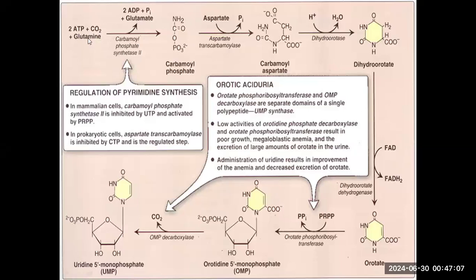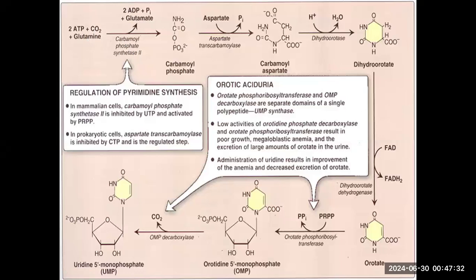ATP, carbon dioxide, glutamine, and carbamoyl phosphate synthetase 2 make the carbamoyl phosphate, and we get ADP and glutamate formation. Then carbamoyl phosphate combines with aspartate in the presence of an enzyme, aspartate transcarbamylase.